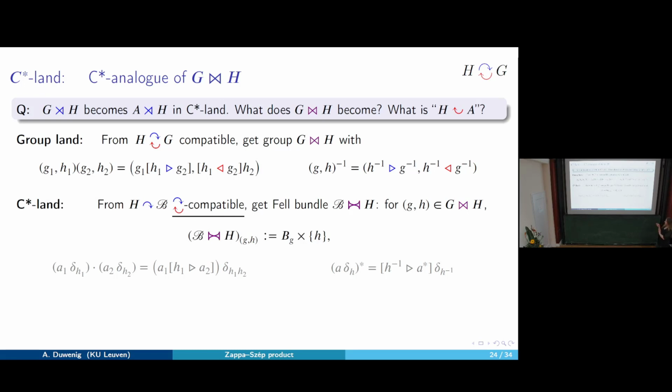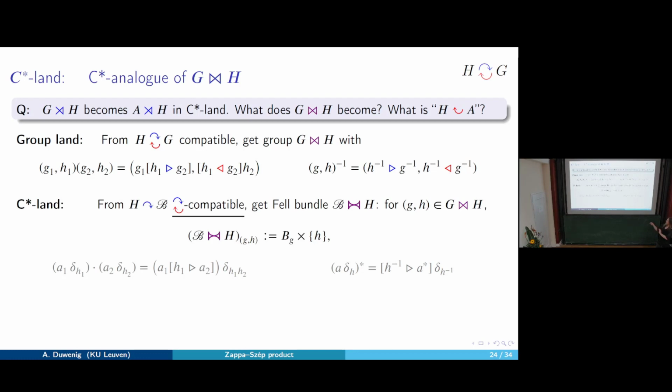Basically, what is happening here is that I'm thinking of H, or maybe the C-star algebra of H, as the trivial line bundle with fibers the complex numbers. And if I take a Banach space and tensor product it with the complex numbers, I just get the Banach space back. So I don't change the space.